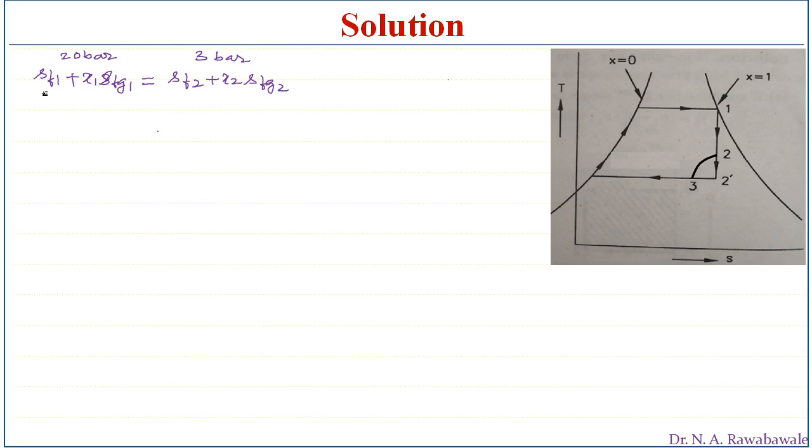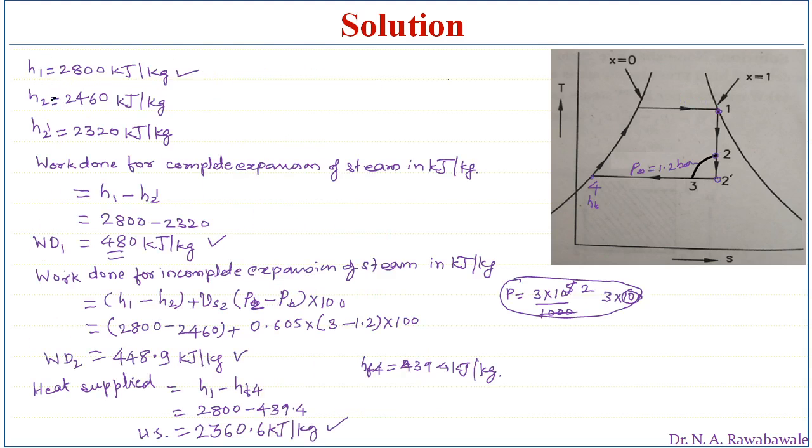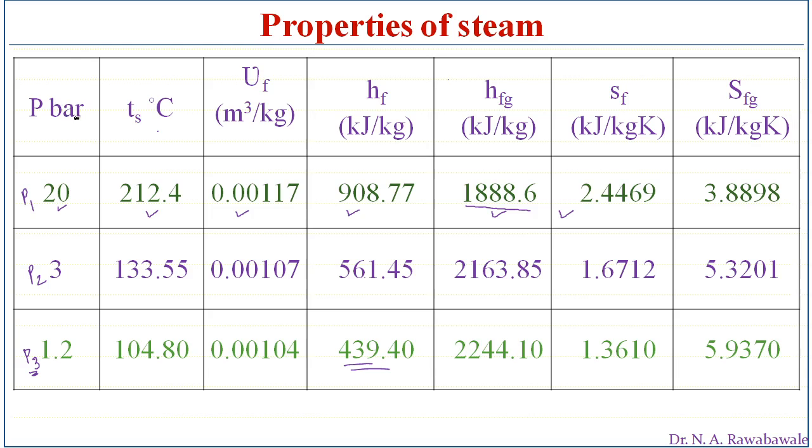Values from this in table. Already we have taken data. So at 20 bar, SF is 2.4469 and SFG is 3.8898.